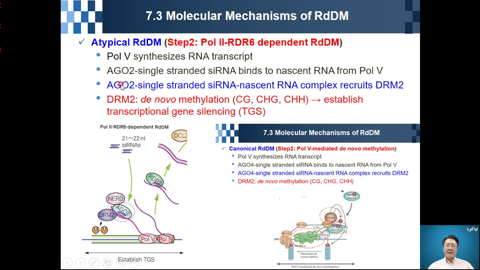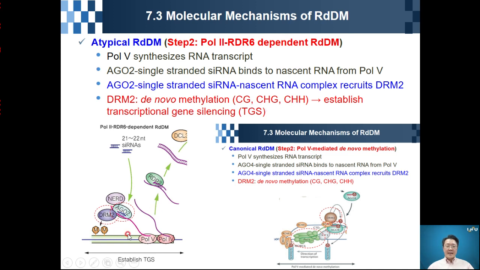After that, the AGO2, single-stranded siRNA and nascent RNA complex recruits DRM2. After that, DRM2 does de novo methylation, especially in CG and CHG and CHH.